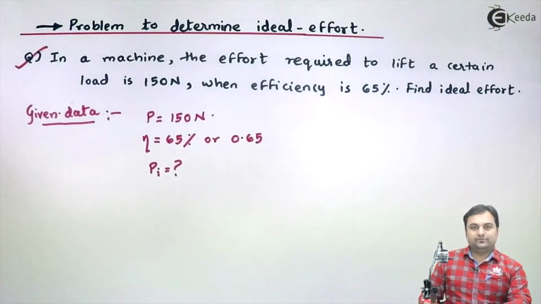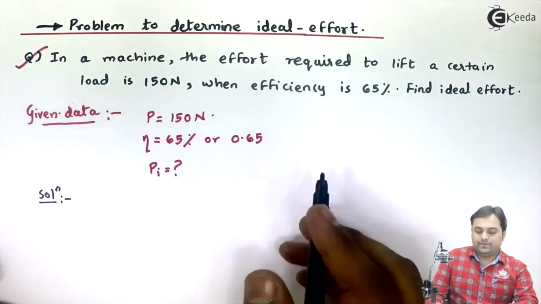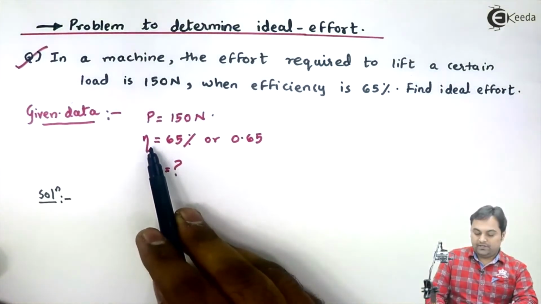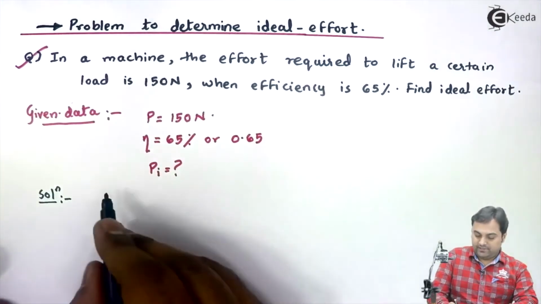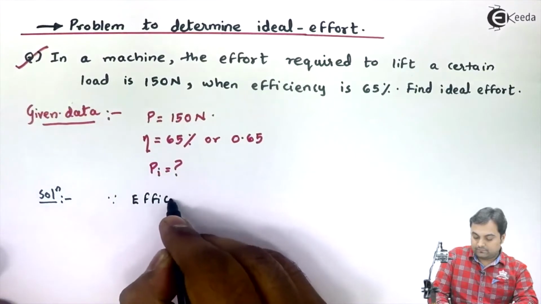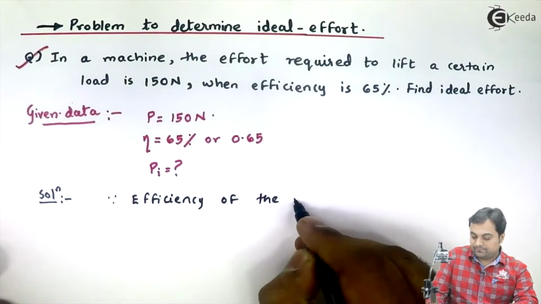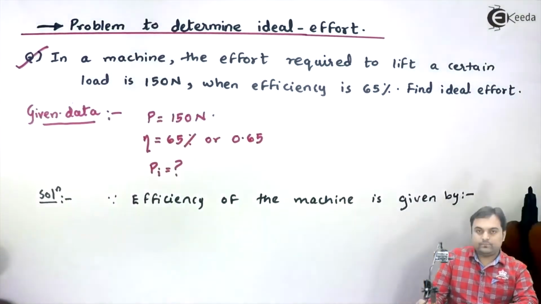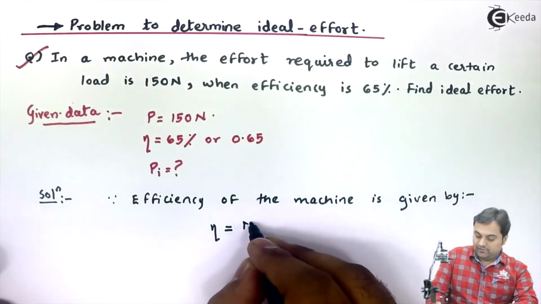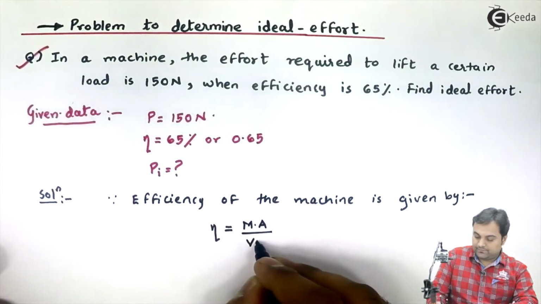Now let us try to solve this problem. In solution, since efficiency is given, here I will start with the efficiency part. I'll say that since efficiency of the machine is given by, efficiency is equal to the simple formula, it is mechanical advantage upon velocity ratio.